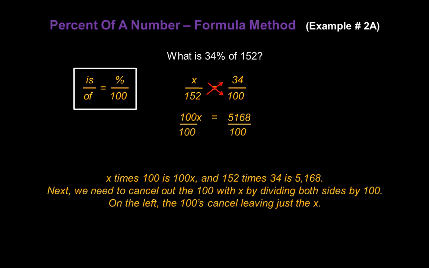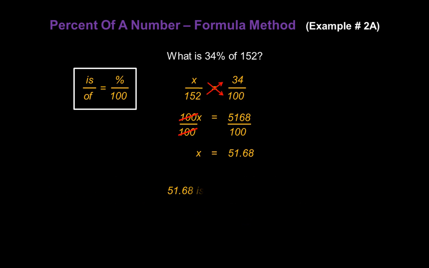On the left now, the 100s cancel, leaving us with just our variable x on the left-hand side. And on the right, 5,168 divided by 100 is 51.68. So 51.68 is 34% of 152.